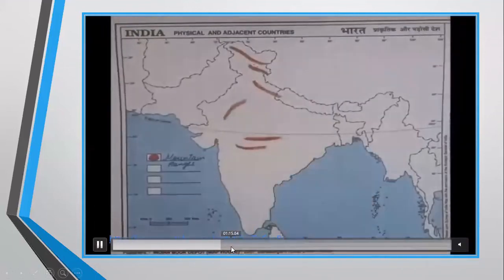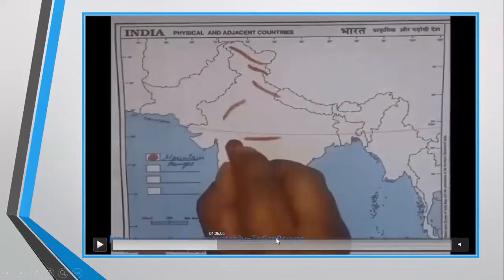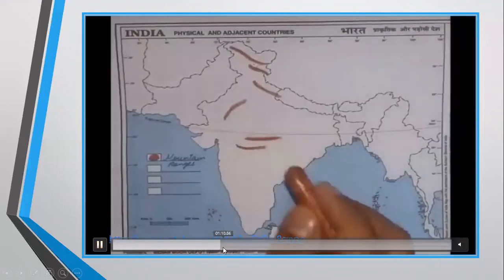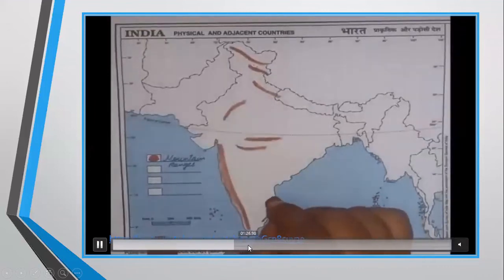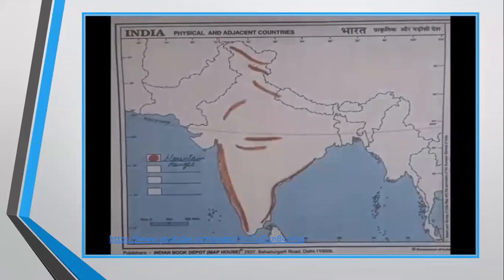Which two are these? What are these? Chalo, these so you have to know. Western Ghat and Eastern Ghats.